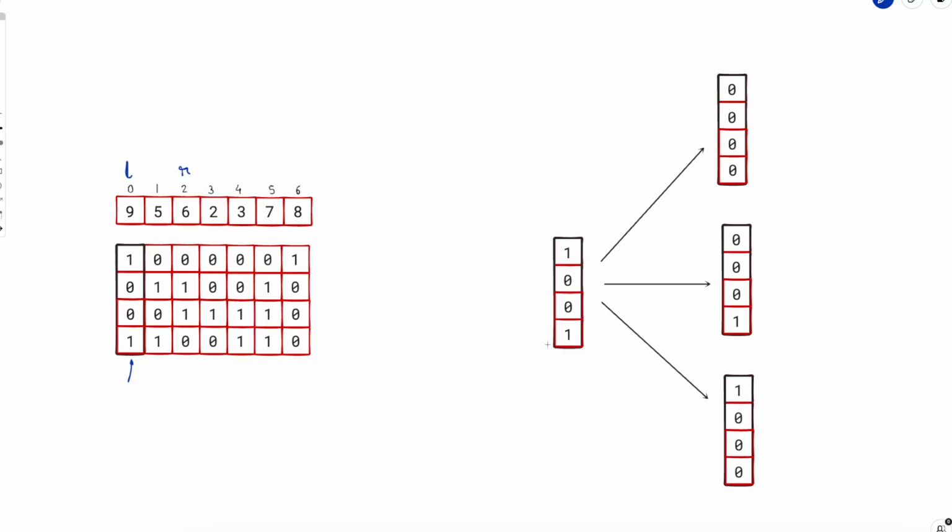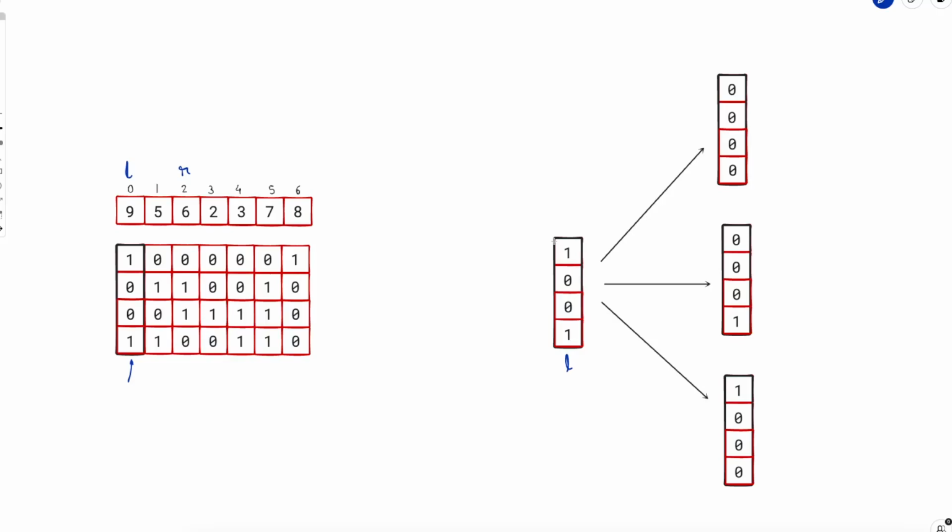Notice that you will never get a number which has a bit set which is not set in this L. Why? Because when you are doing a bitwise AND, a bit will only be set if it is set in both the numbers. So if it is not set in L, it will never be set again, because even though R has this bit set, the bitwise AND would not be 1, right?